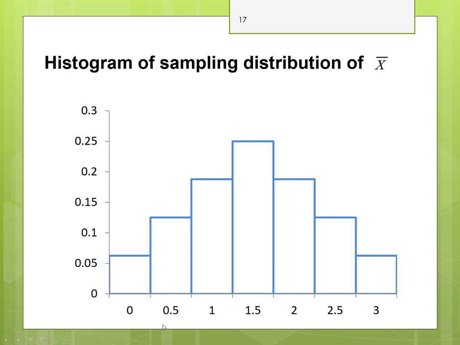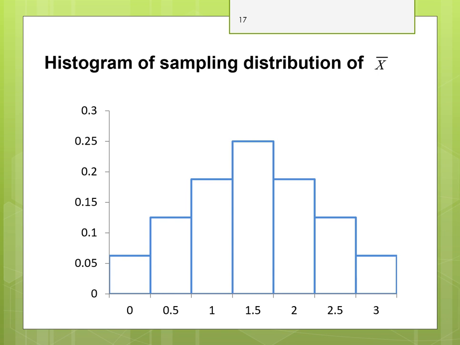When X bar equals 0.5, its probability should be 2 over 16. And we list all the probabilities. We draw the bars for each possible value of X bar, and we can get this picture. This is a histogram. So from the histogram, we can find the sampling distribution of X bar.